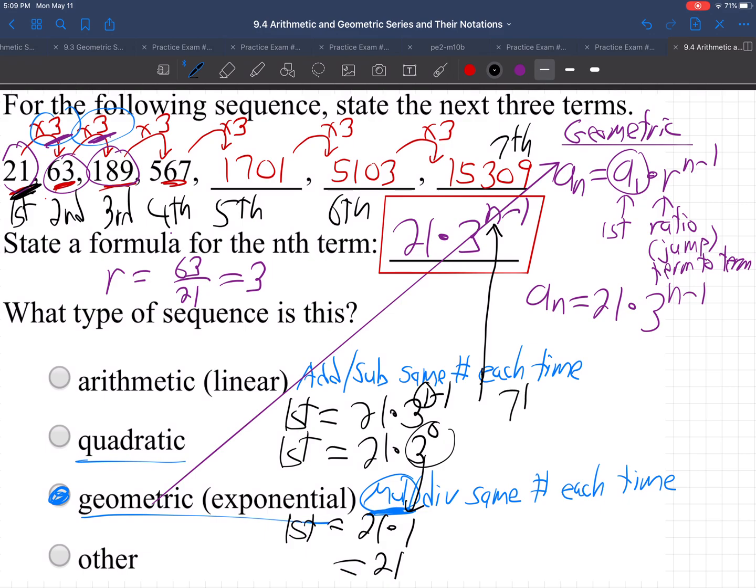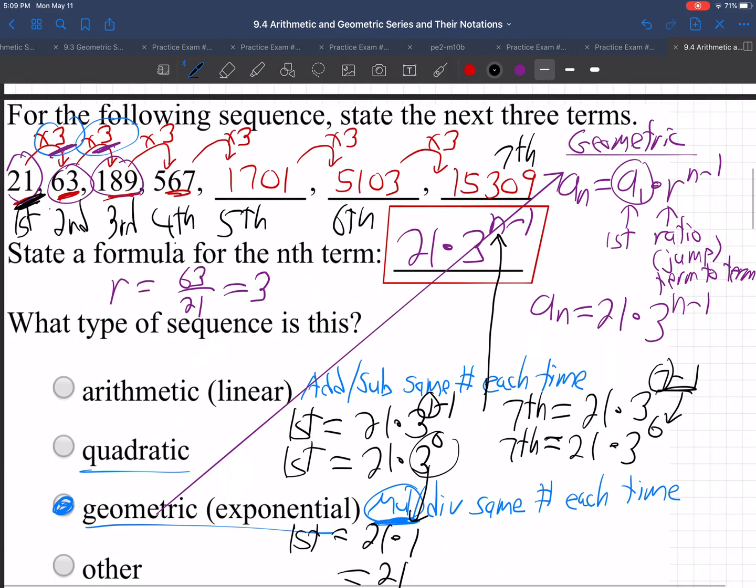What about the 7th? Let's just jump to the 7th. Will this work for the 7th? 21 times 3 to the 7 minus 1. Plug in 7 for n. The formula is predicting that the 7th term will be 21 times 3 to the 6th, right? 7 minus 1 is 6.